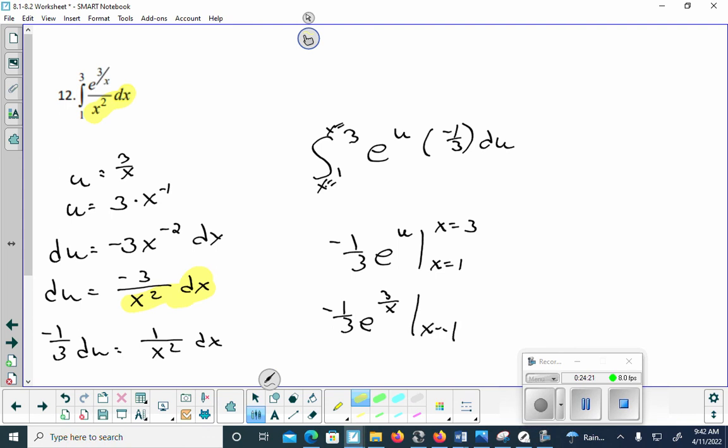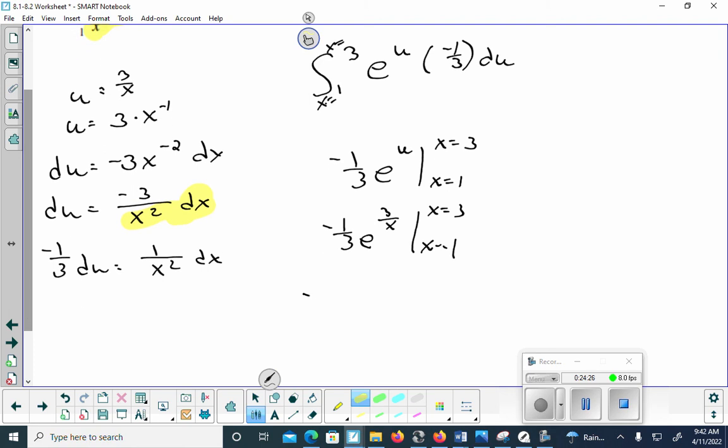So now substituting it, we have negative 1/3 e to the first minus negative 1/3 e to the third. Let's say I have a 1 and 3. When I do that, I calculate 5.787. Okay, moving on to the next one.